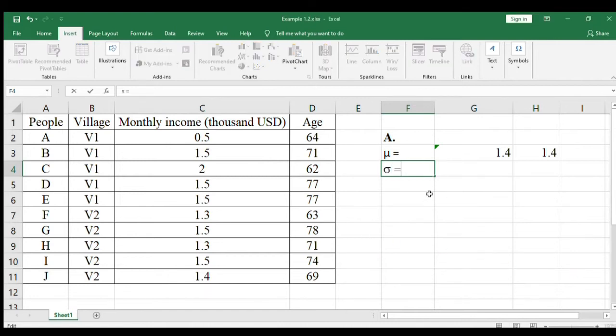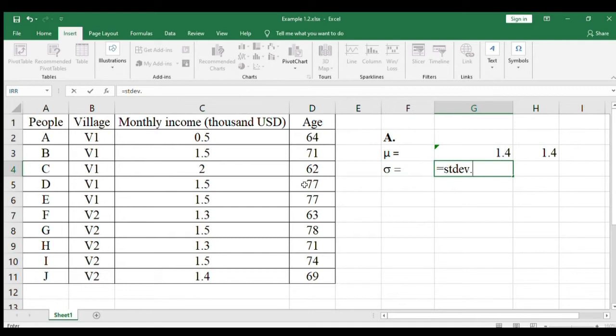So sigma equals, you can use the function stdev.p.